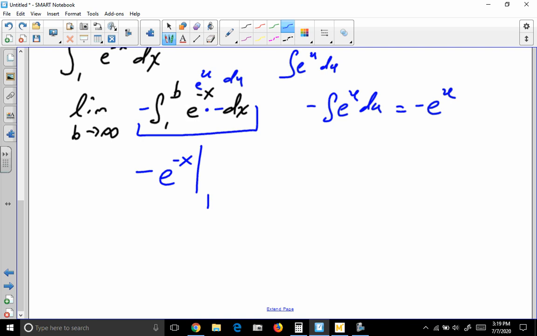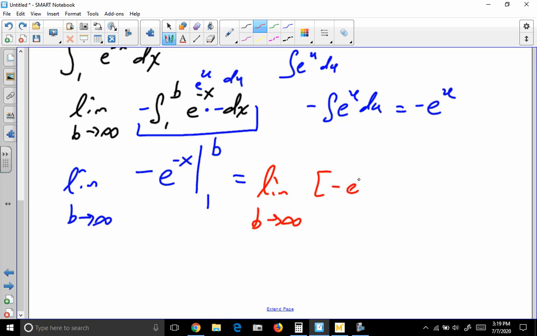We're evaluating that from 1 to b, as b goes to infinity. So if we put in a b, we get minus e to the negative b. And then if we put in a 1, we get minus e to the negative 1.